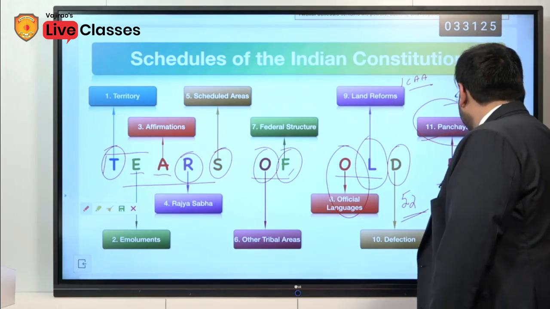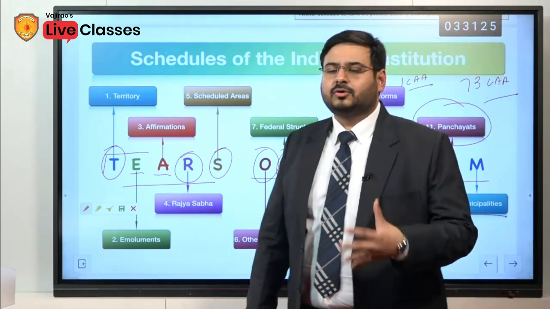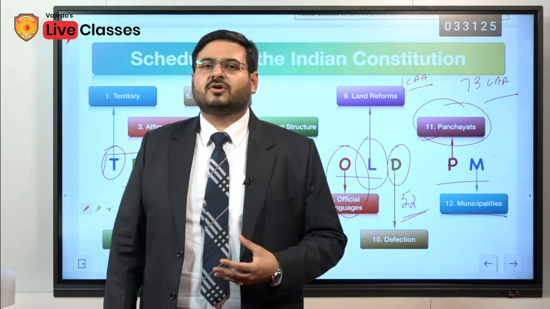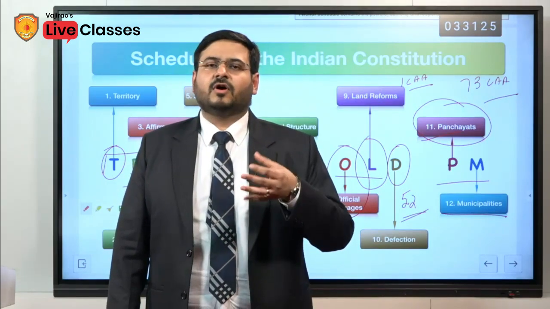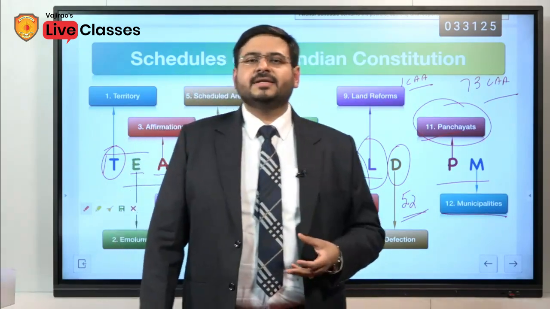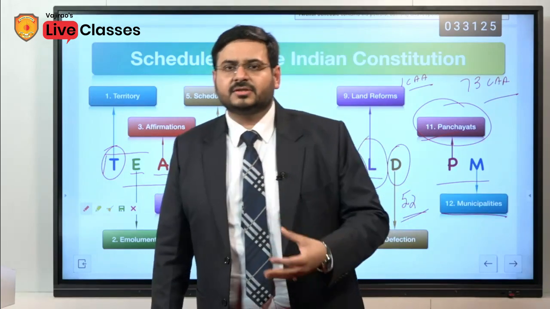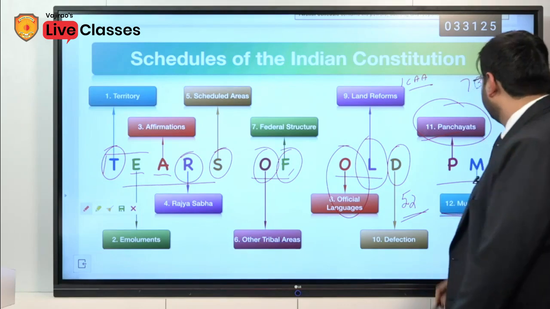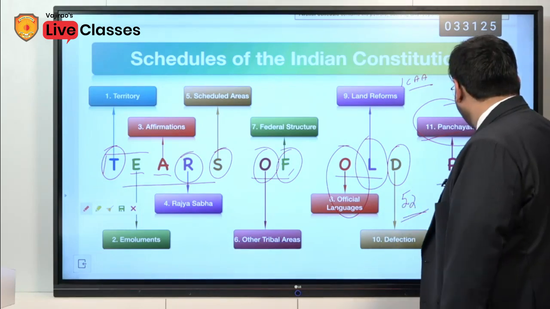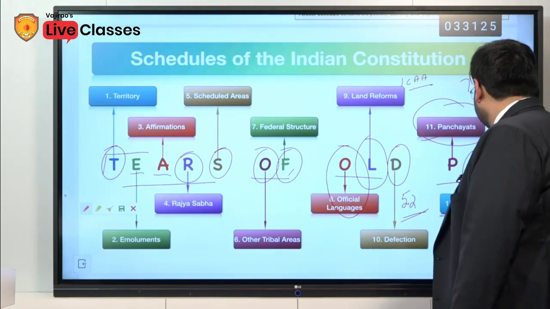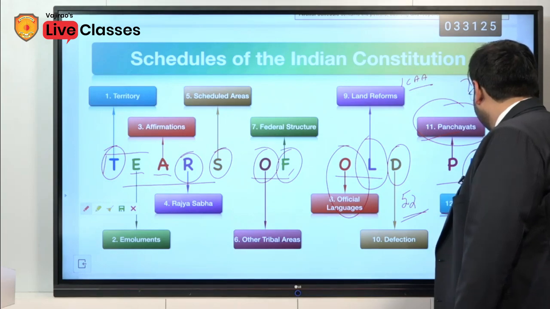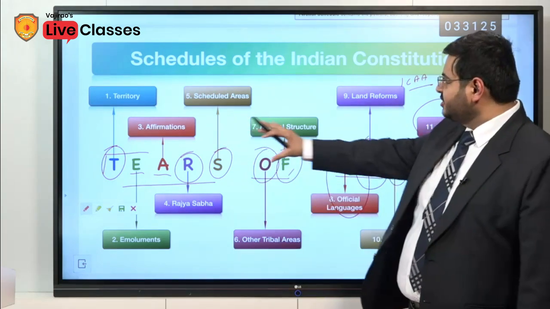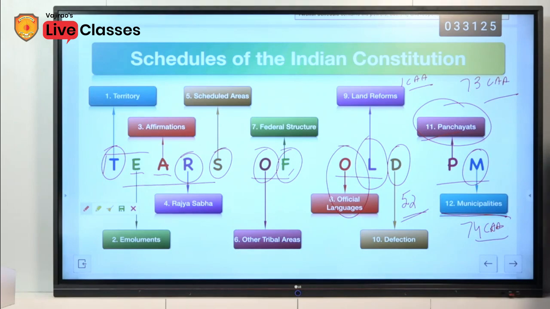Then it is mentioned in the 12th schedule on what basis, on what purposes, on what parameters the municipalities can make their functions better and efficient. So these are mentioned in the 12th schedule that deals with the municipalities, and it was added through the 74th Constitutional Amendment Act. So these are the schedules of the Indian Constitution.